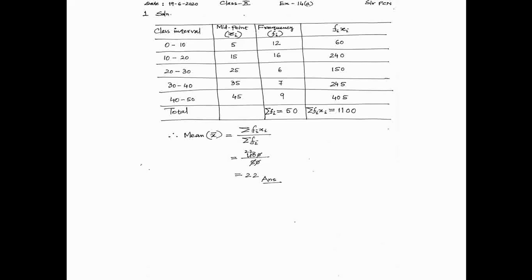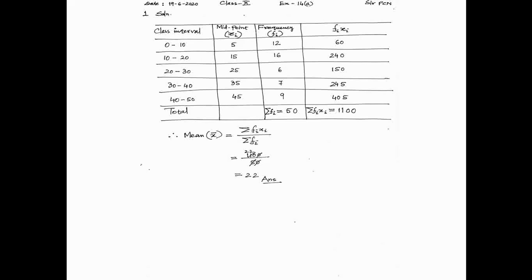So how to do this sum by direct method? First of all, you have to make a table like this as it is shown. The class intervals are written here: 0 to 10, 10 to 20, 20 to 30, 30 to 40 and 40 to 50.